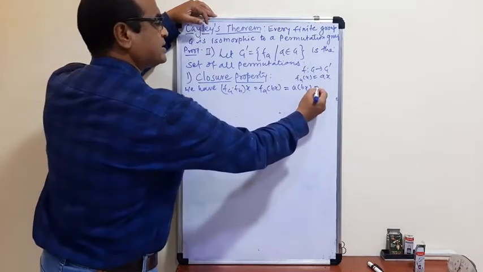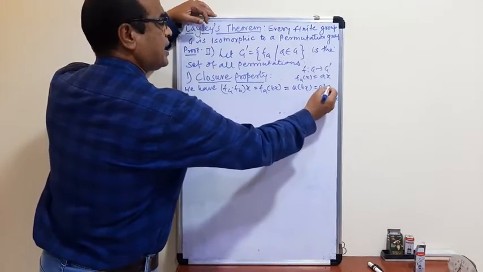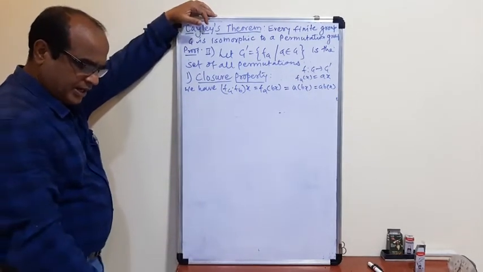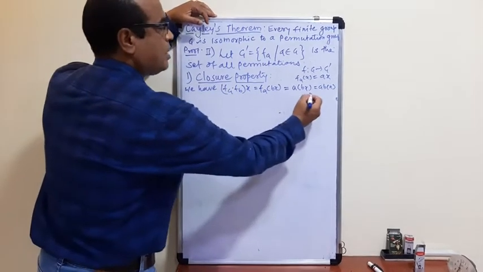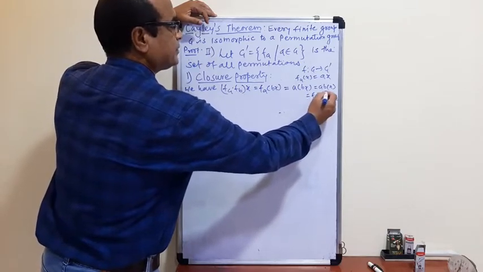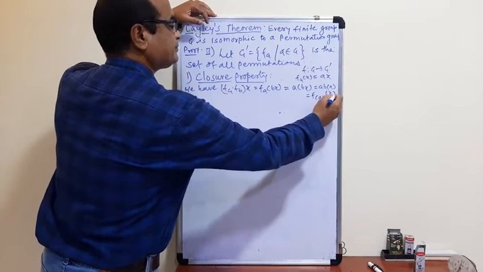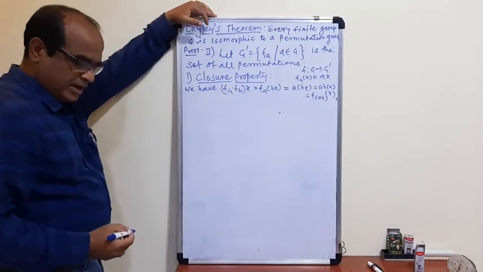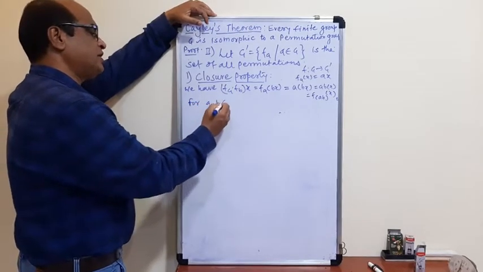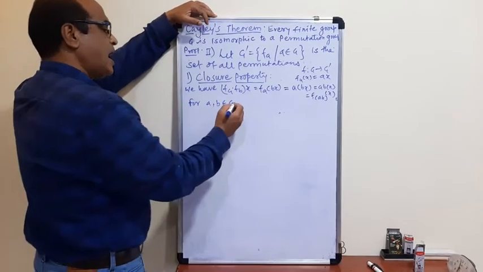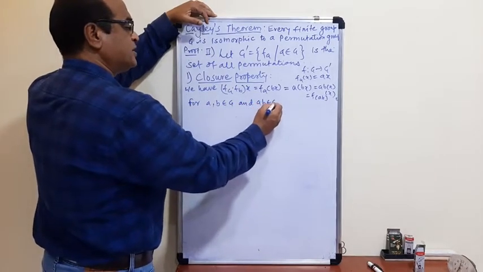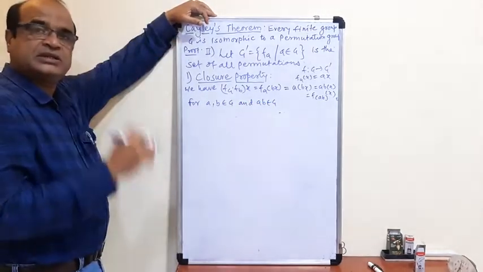So this can be written as (ab)x, which is equal to f_ab(x). For a, b belonging to G, the element ab belongs to G. This is the closure property in G because G is a group here.